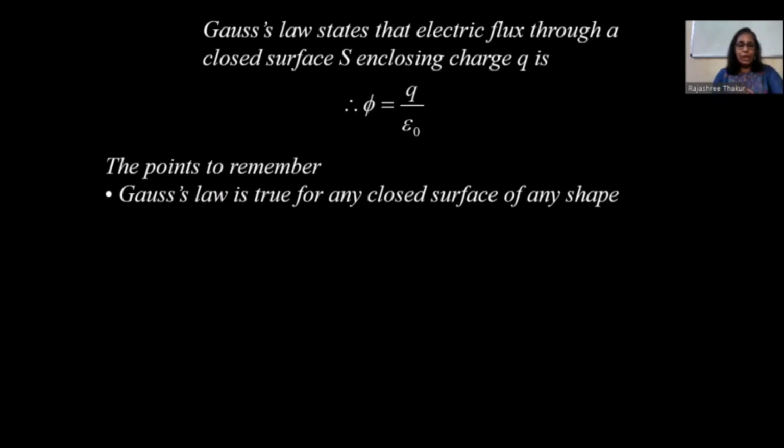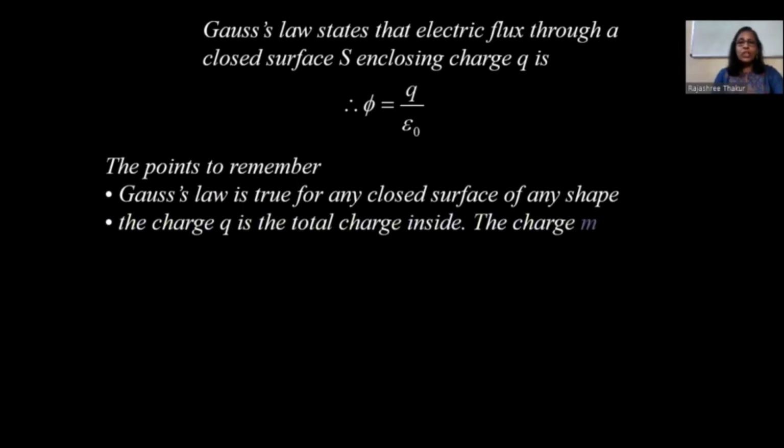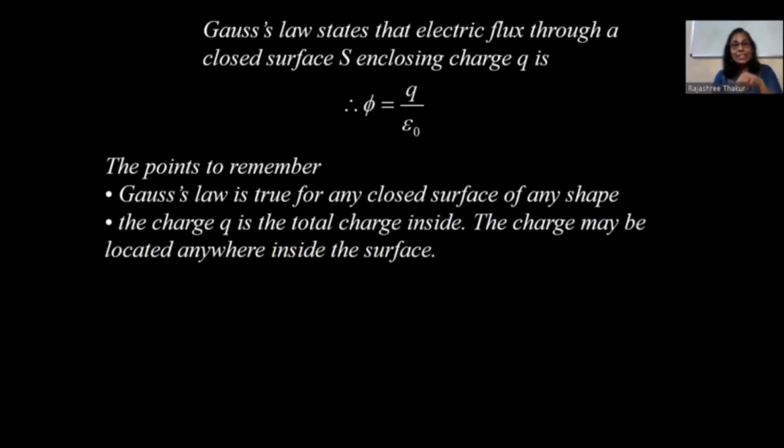Second point, the charge Q is the total charge inside that enclosed surface. The charge may be located anywhere inside. It's not necessary that it has to be at the center of this closed surface, right?